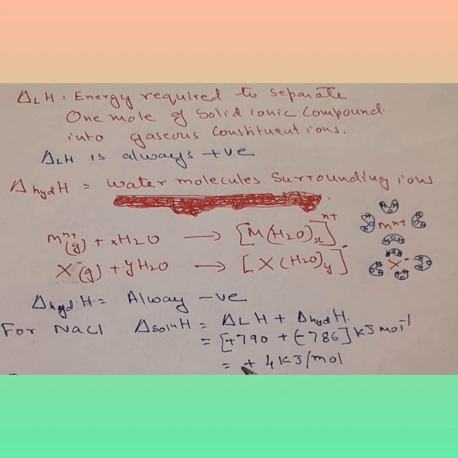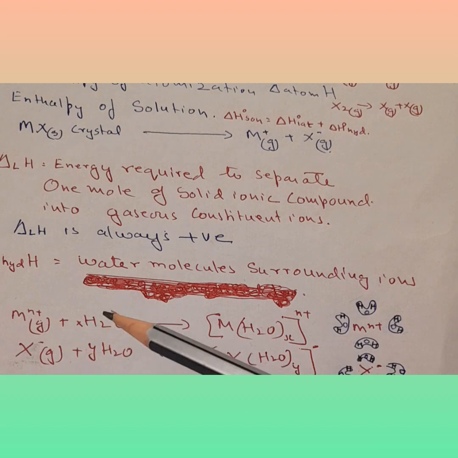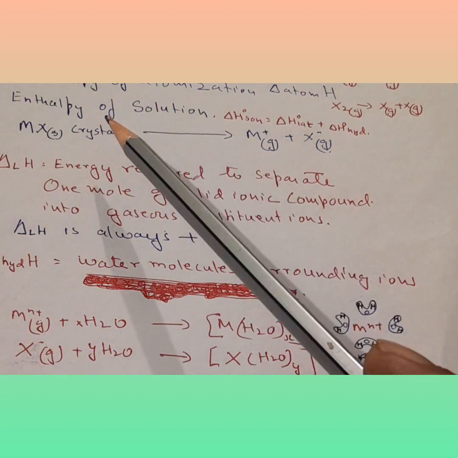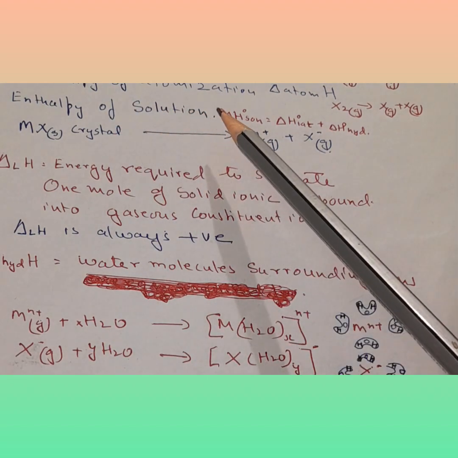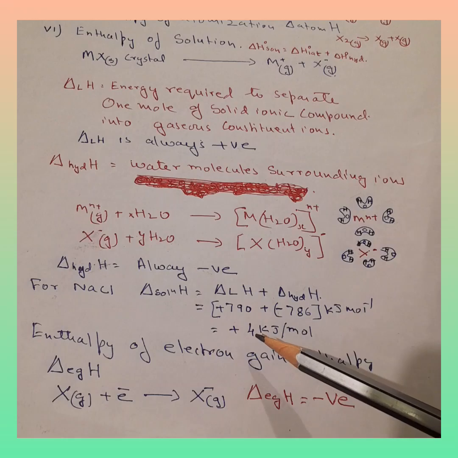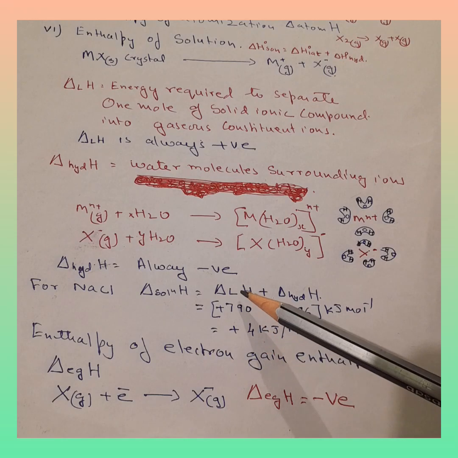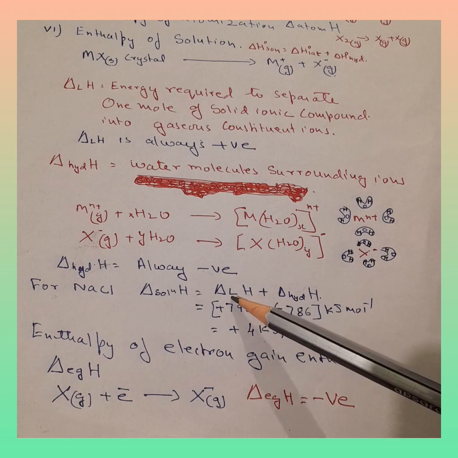When we add them, what we end up with is positive 4 kilojoules per mole. So here again, enthalpy of solution comes to positive as the net result of the two enthalpies, lattice and hydration.